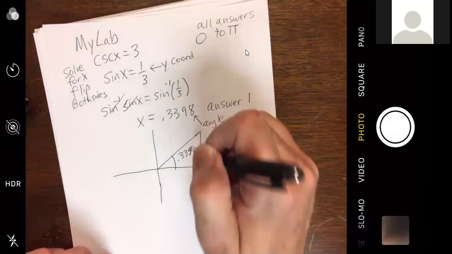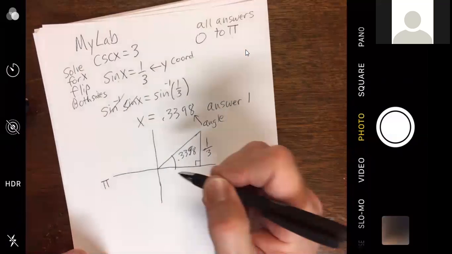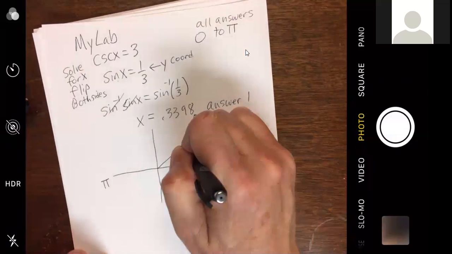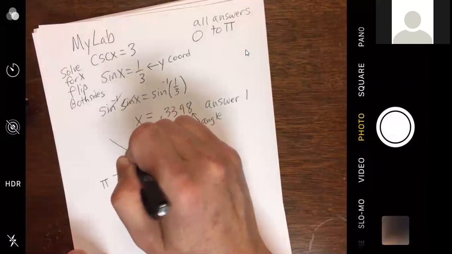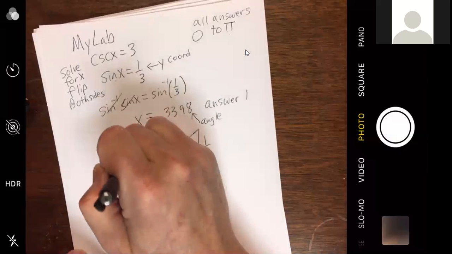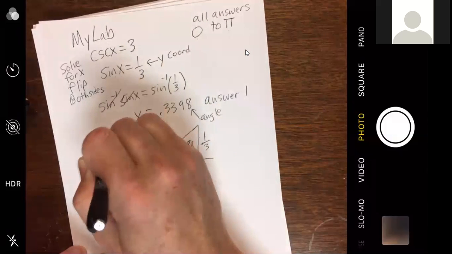So then on 0 to pi, pi being over here, you want to sketch out another situation. So this in effect is the reference angle, 0.3398, and you'll have this side reflected over here being 1/3.